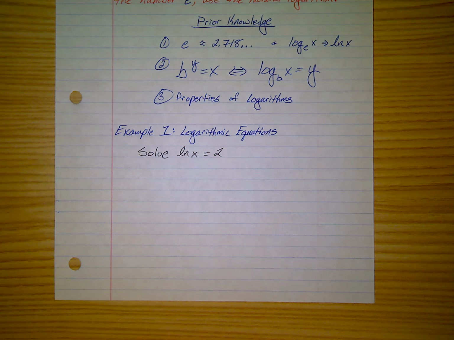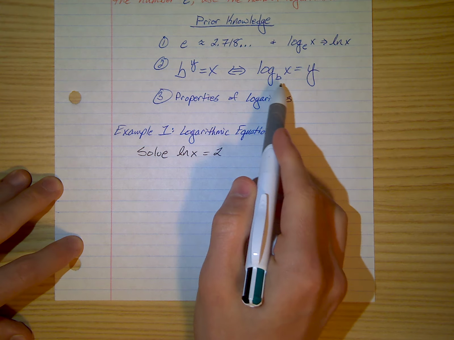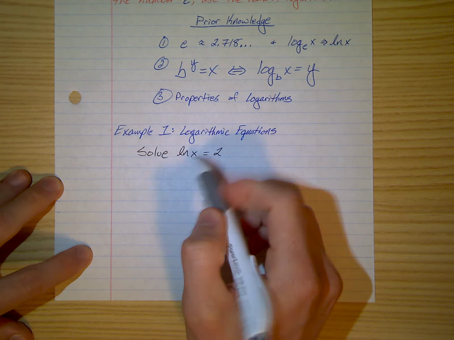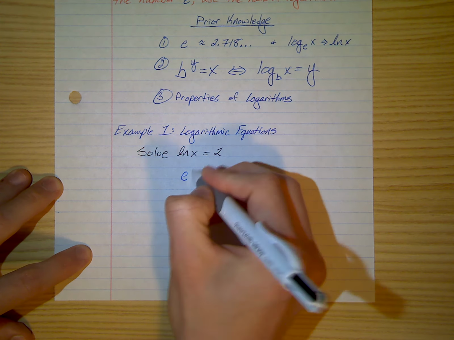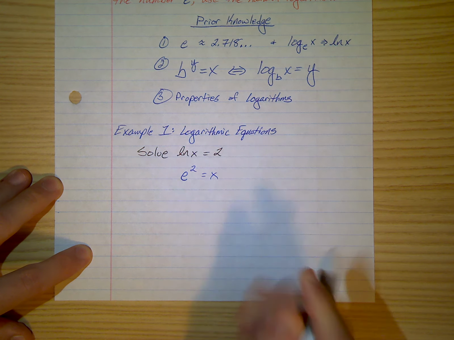So our first example today would be to solve the natural logarithmic equation ln of x is equal to 2. With the prior knowledge that we have, knowing that the base of this logarithm is e, we can rewrite this as e to the second power is equal to the part, x.